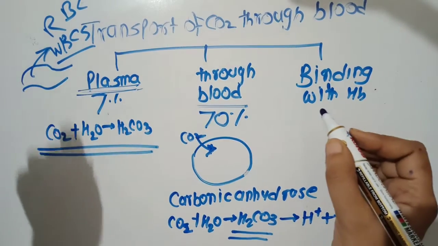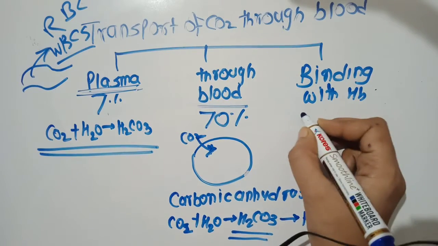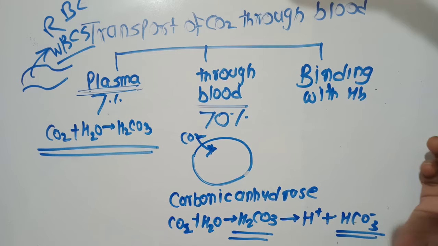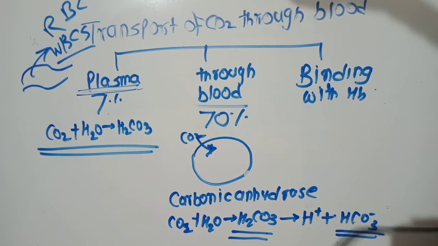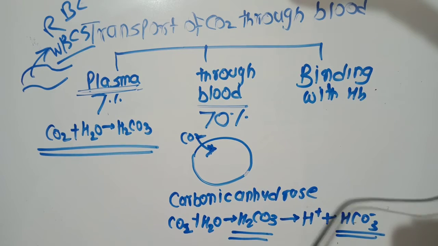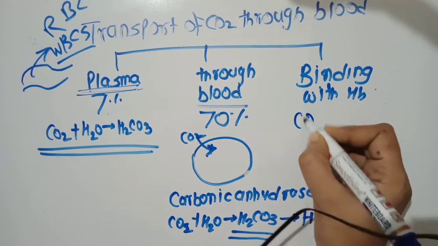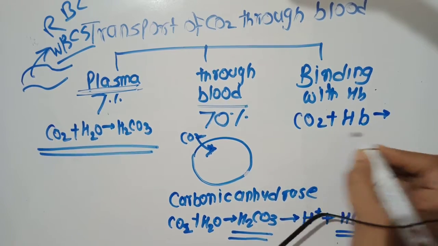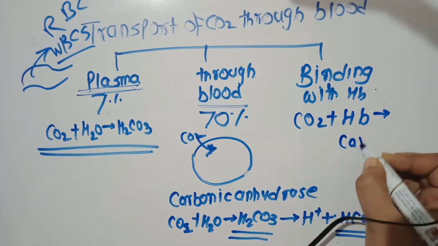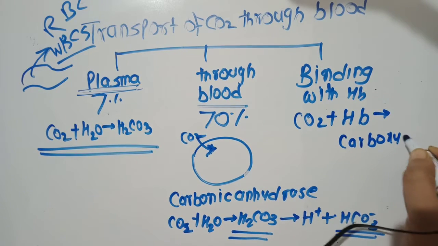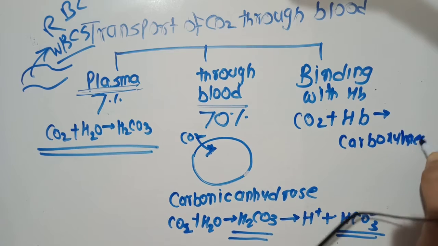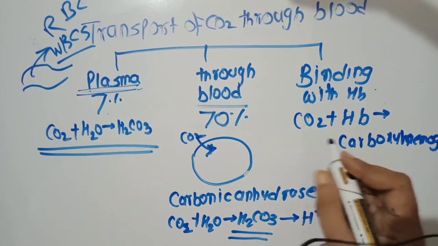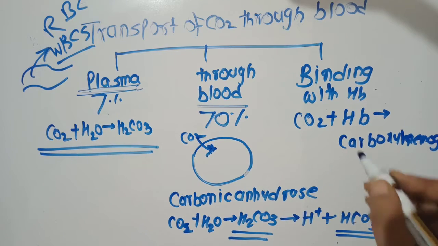And the third way is binding with hemoglobin. Carbon dioxide and oxygen are good competitors, who always compete to bind with hemoglobin. When carbon dioxide binds with hemoglobin, it is called carbaminohemoglobin.